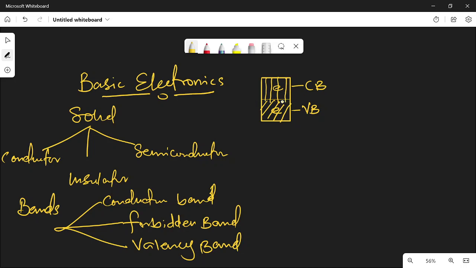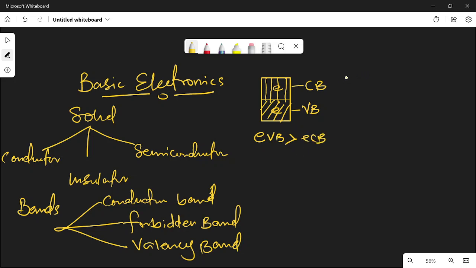Then the forbidden band, it has no forbidden band, or let's say the forbidden band is shrunk. That is, it has a very tiny forbidden band. Now, because you have electron in the conduction band, that is the reason why this material is going to conduct electricity. Are we together now?